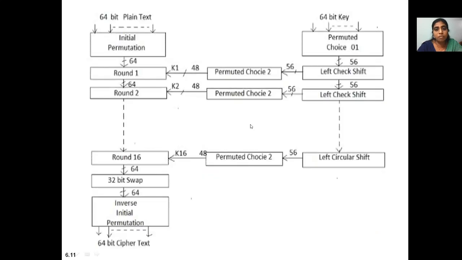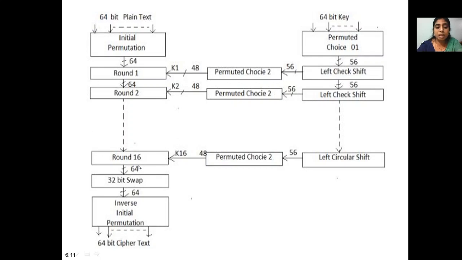So this is the structure for the 16 rounds. Once you have finished the left circular shift and permuted choice 2, round 1 is finished. This process will continue for 16 rounds.